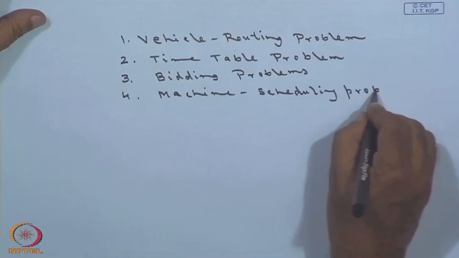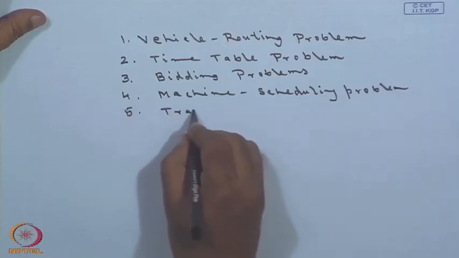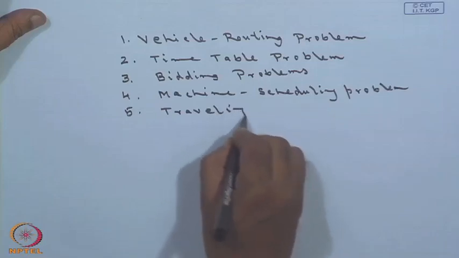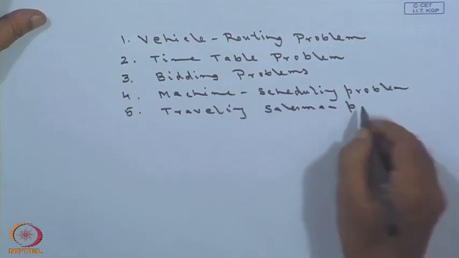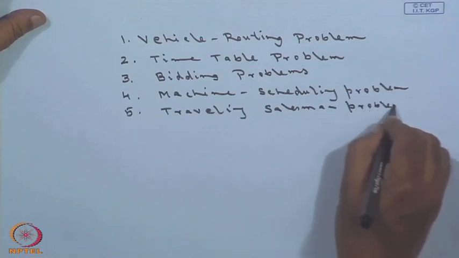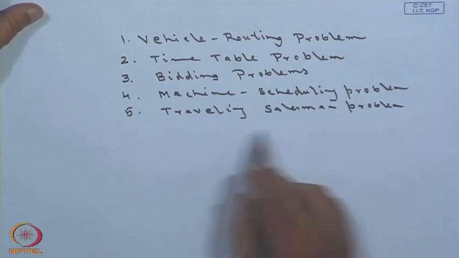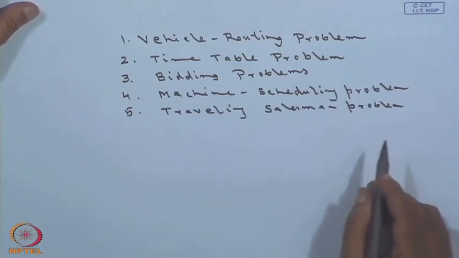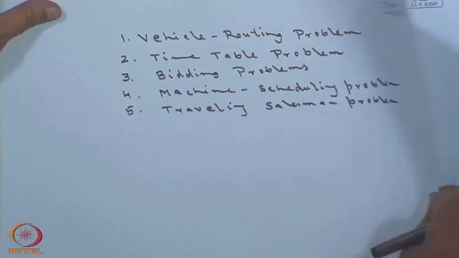And the famous traveling salesman problem, which I can do for a small number of cities. In the traveling salesman problem, which I will discuss afterwards, we can use this particular problem also.